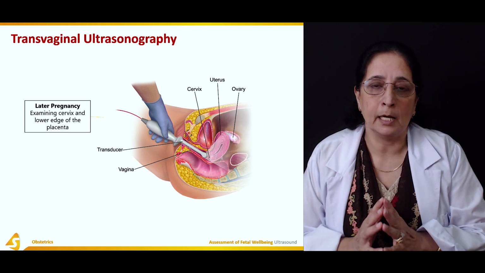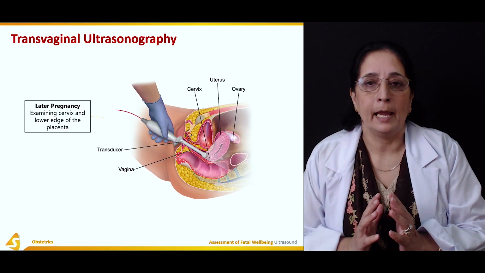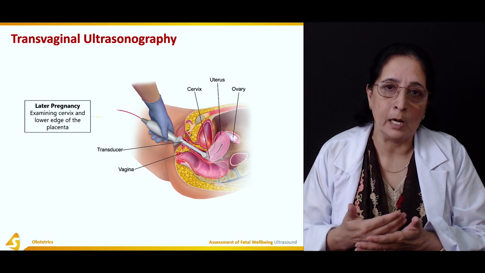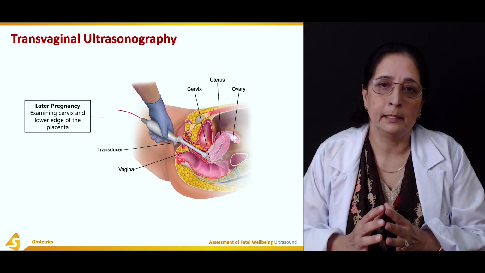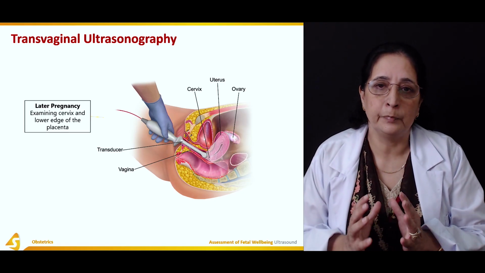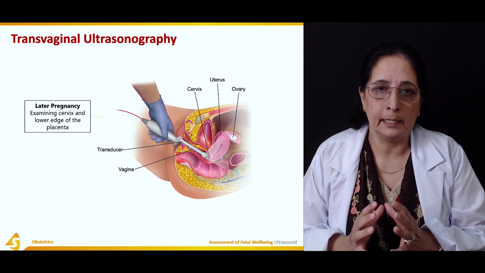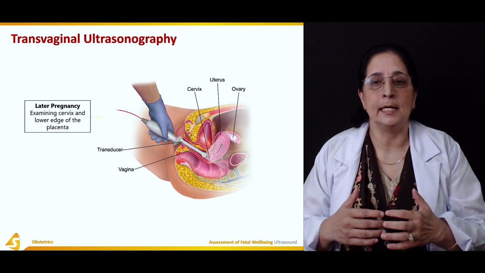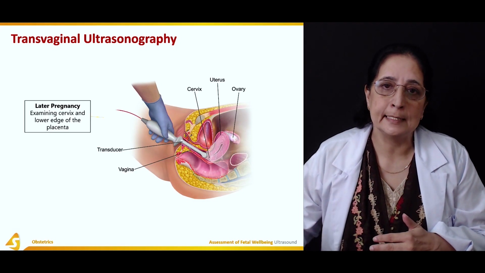If a patient comes with bleeding and pain, and the placenta is low-lying, it should be diagnosed before labor and delivery, because a low-lying placenta is an indication for C-section.